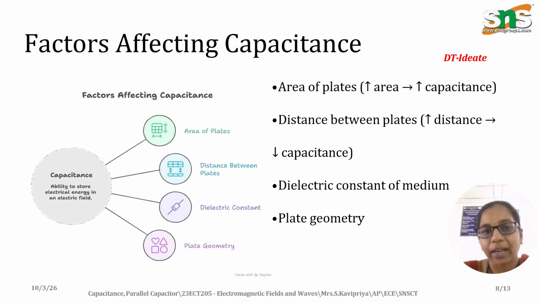So these four factors mainly affect the capacitance: area, distance, dielectric constant and plate geometry. When the area of the plate increases, capacitance increases. And when the distance between the plates increases, capacitance decreases.